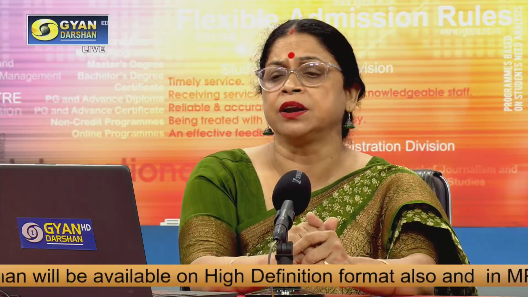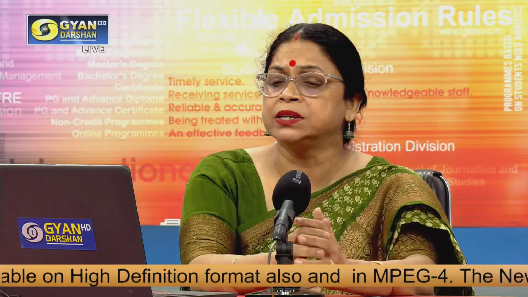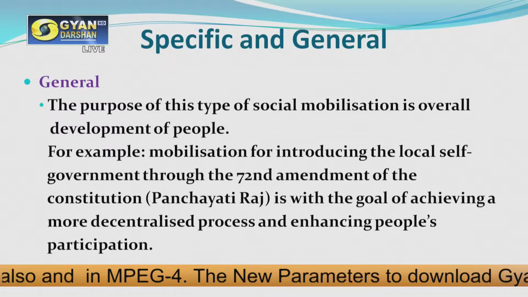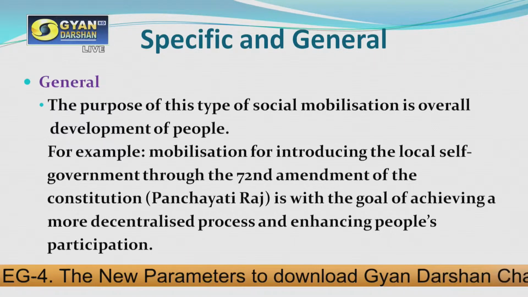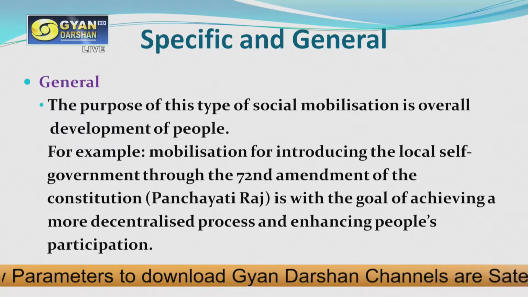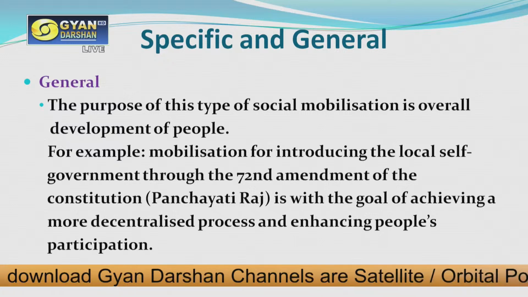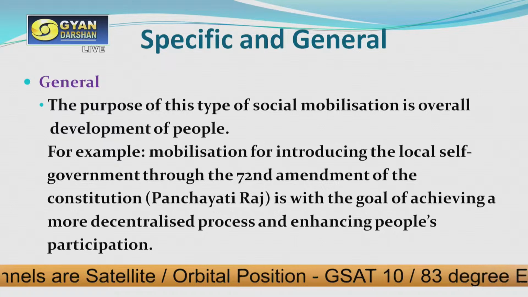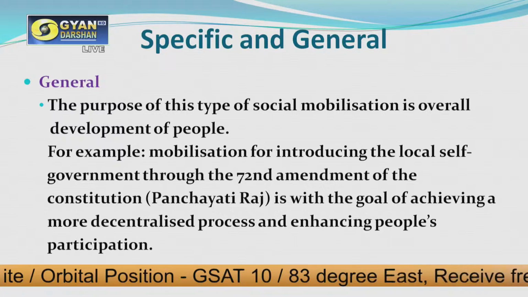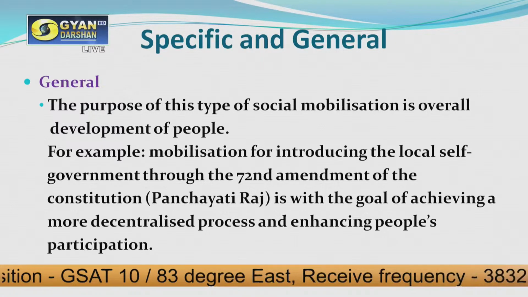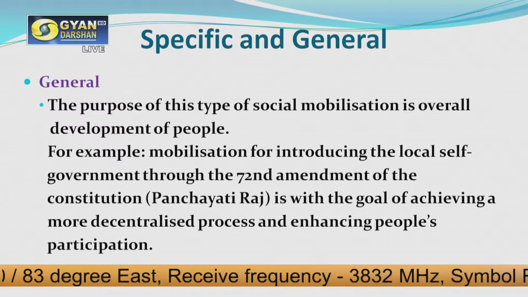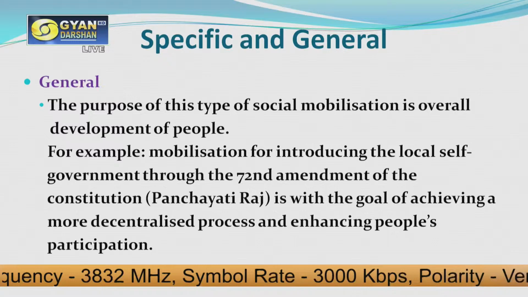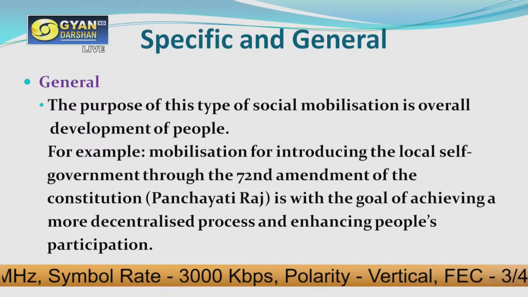On the other hand, the purpose of general social mobilization is the overall development of the people. For example, the mobilization for the introduction of local self-government through the 72nd Amendment of the Constitution, in which Panchayati Raj has the goal of achieving a more decentralized process and enhancing people's participation.